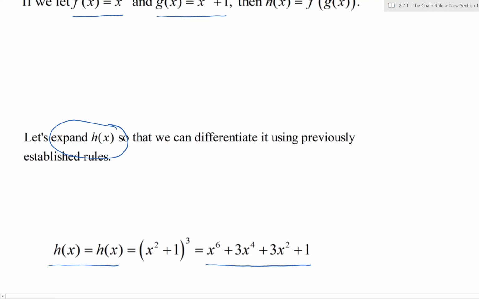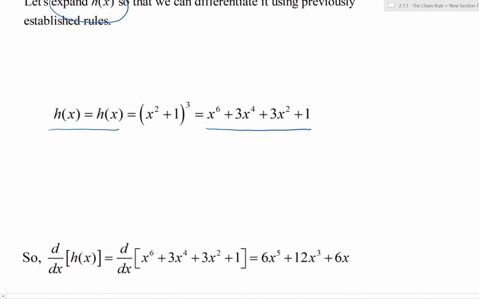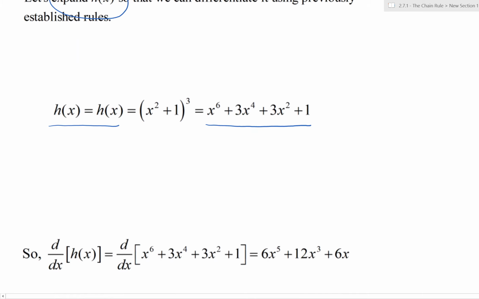All right, so then let's differentiate it. If I differentiate this function, then I can just differentiate with respect to x term by term using the power rule. And the result is right down here: 6x to the 5th plus 12x cubed plus 6x. That's the derivative of our composite function h of x.